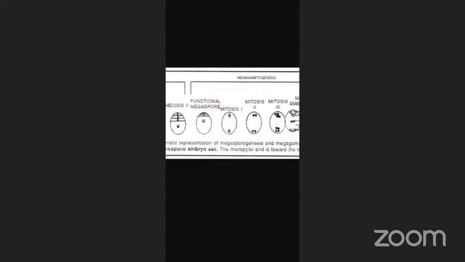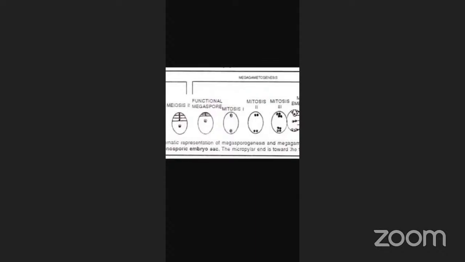So here, the Adoxa type. It was described for the first time by Jonsson in 1879 in Adoxa moschatellina.